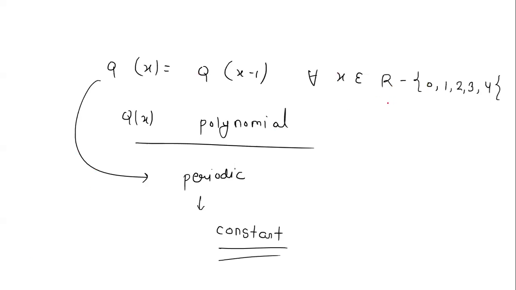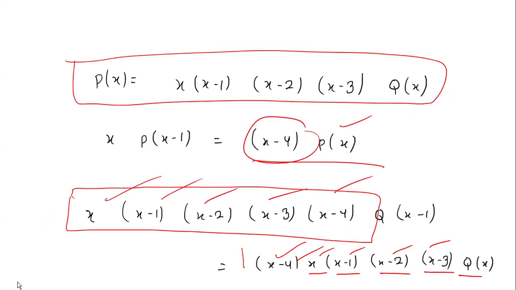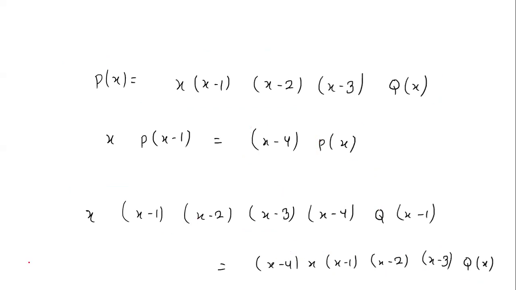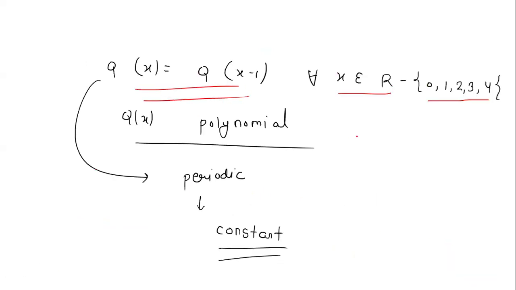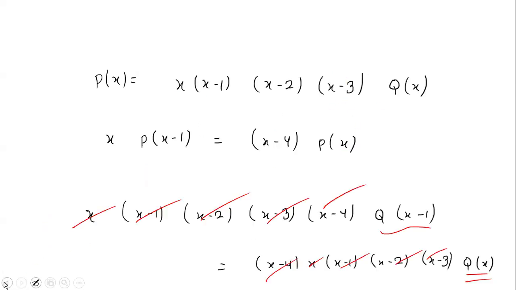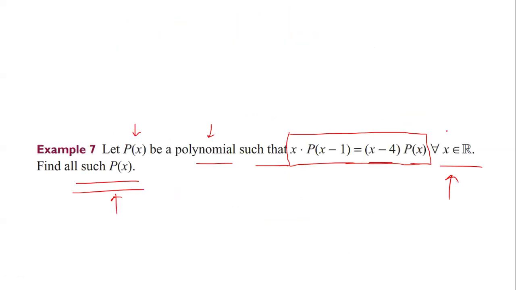So for x belonging to all real numbers except 0, 1, 2, 3, 4, we can cancel all of these. After cancelling all this, we can write that q of x minus 1 is q of x. Then only the left hand side and right hand side will be equal for all other x, and it is given in the problem that this is satisfied for all x belonging to real numbers.